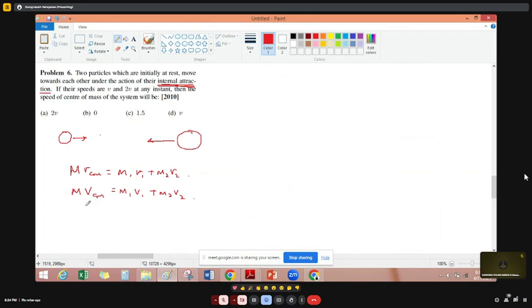It's not going to move at all, because when I differentiate this, I will get M ACM is equal to M1A1 plus M2A2. So since external forces are zero, this ACM will become zero. That means the velocity of the center of mass will be zero. So it will not move anywhere.